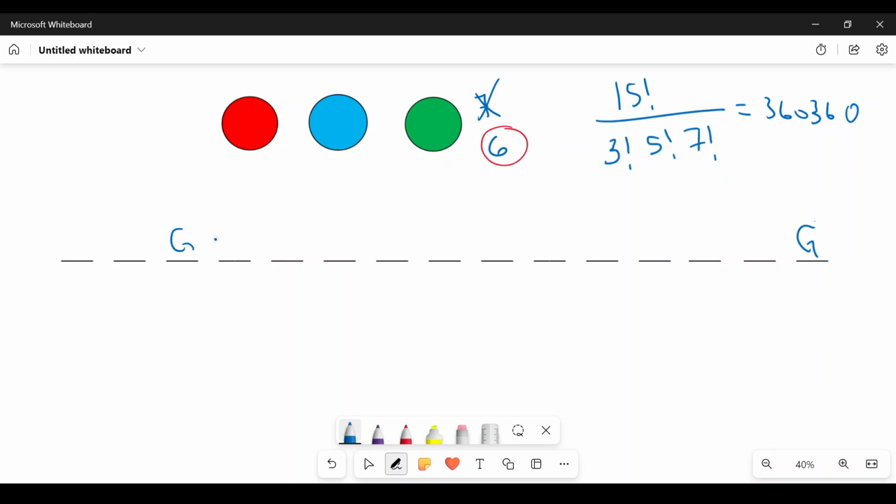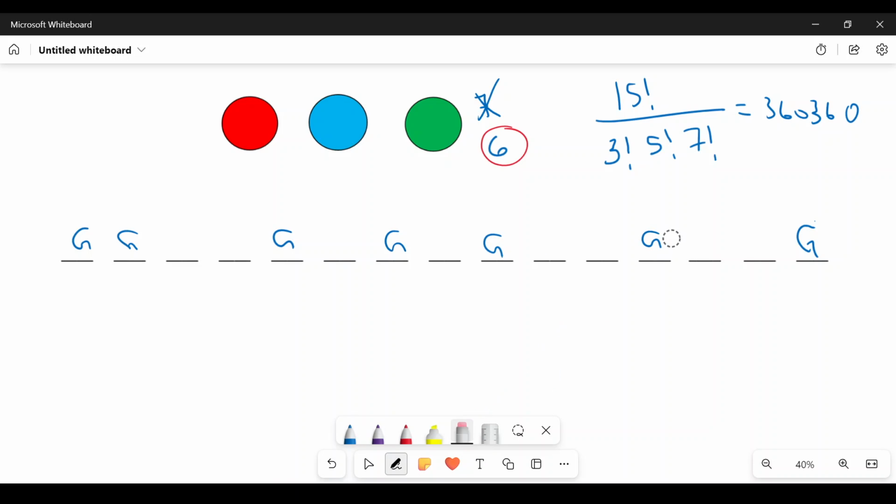For example, I might choose these 6 positions to put the green marbles in. That's one thing I want to consider: all the different ways that the 6 remaining green marbles could go. Here's another one. I could put the 6 remaining green marbles in those positions.